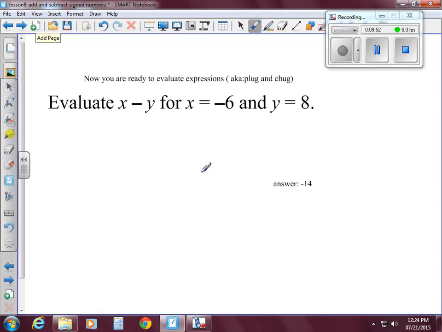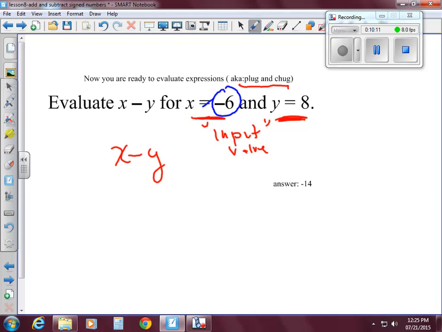All of this was building us up to evaluating expressions, otherwise known as plug and chug. We're told to evaluate x minus y, and we're given x is -6 and y is 8. I want you to start to think about those values as input values. I know this isn't a complicated expression, but practice grabbing -6 and physically putting it in place of x.